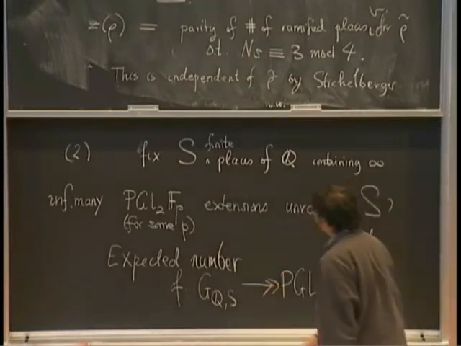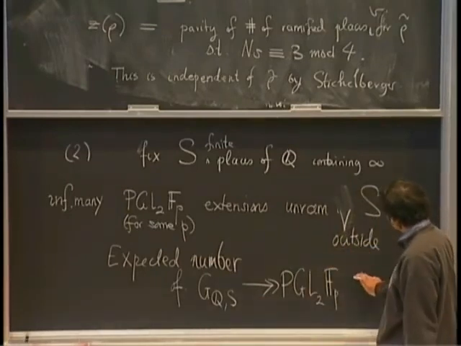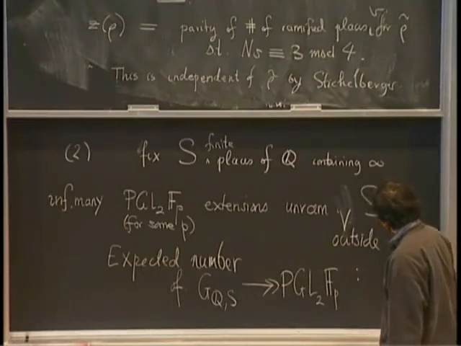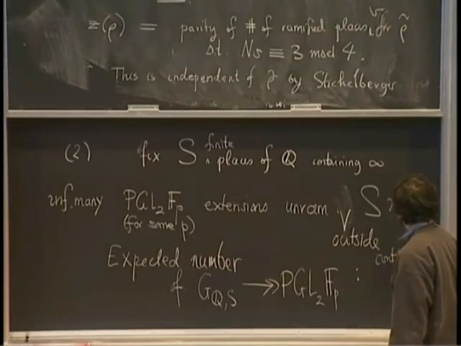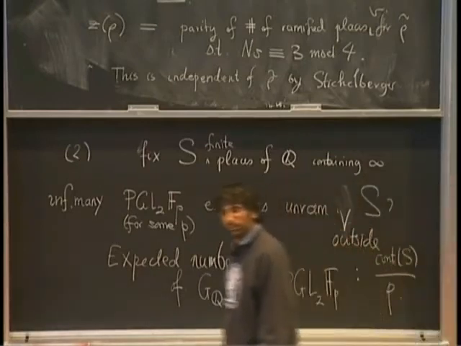So if you go through, counted up to conjugacy, if you go through what that heuristic says, it gives you that it should be something like a constant which depends on S divided by p, or p minus 1 or something.